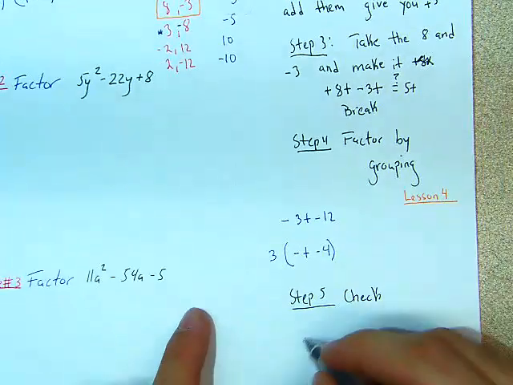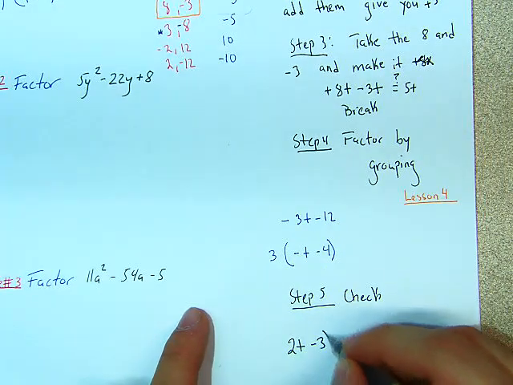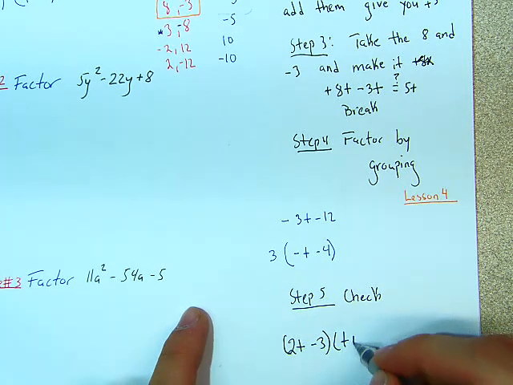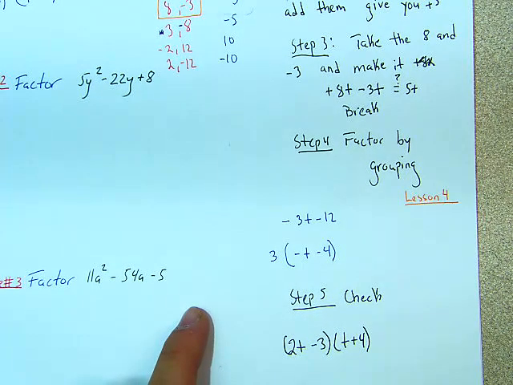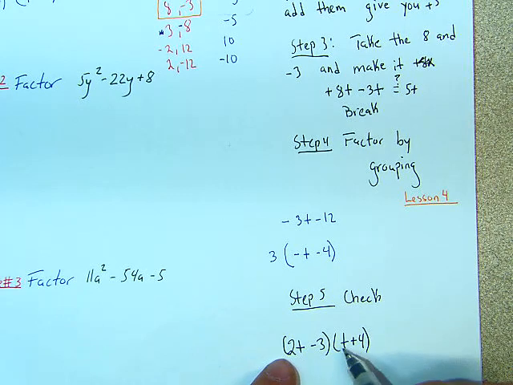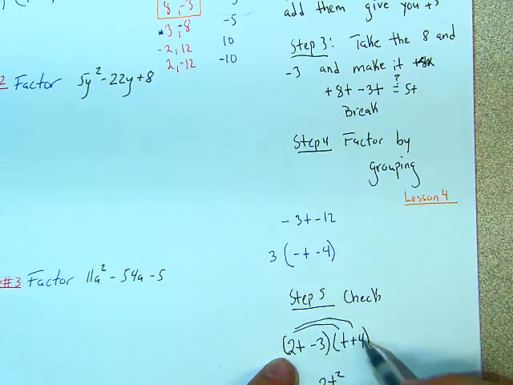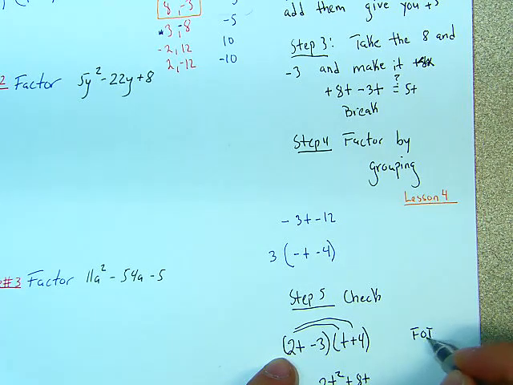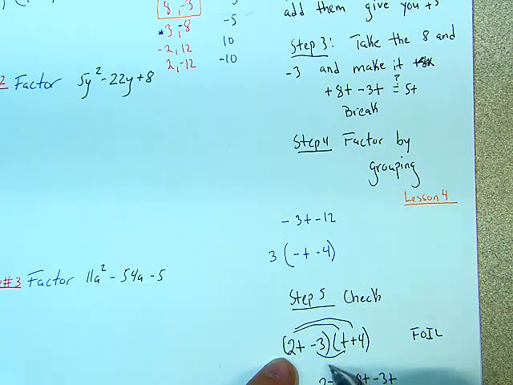You just multiply them. Let's say you have 2t minus 3 and t plus 4, right? You just multiply them. So 2t times t is 2t squared. 2t times 4 is plus 8t. Remember, we're using FOIL. Minus 3 times t is minus 3t. And minus 3 times 4 is minus 12.